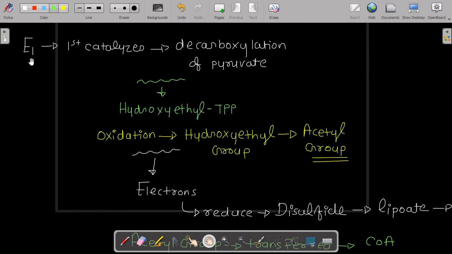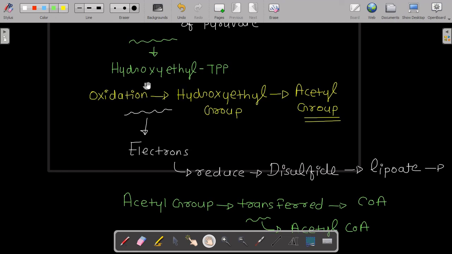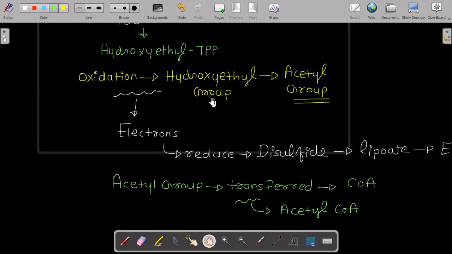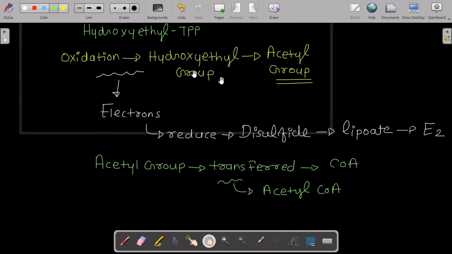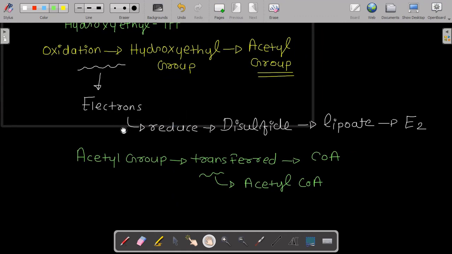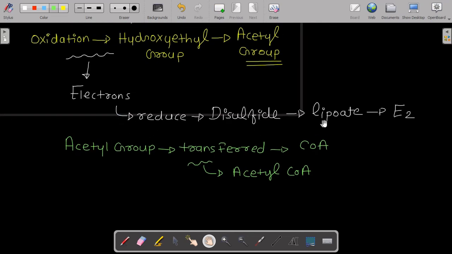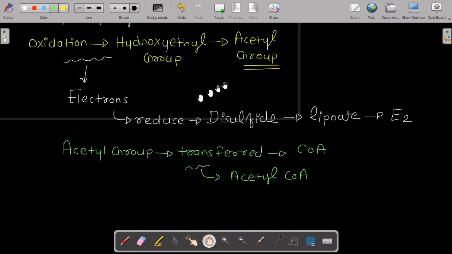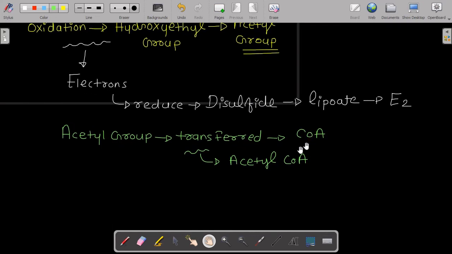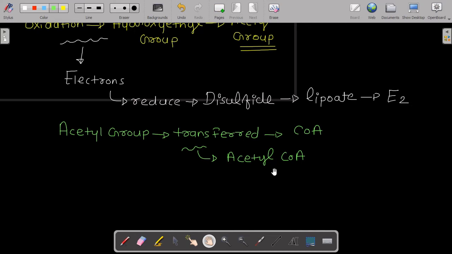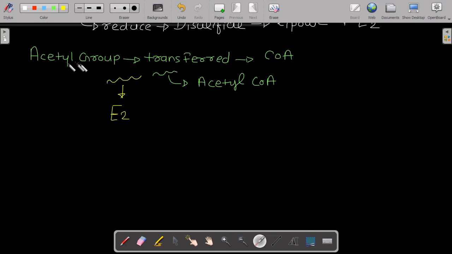Okay, so E1 catalyzes the decarboxylation of pyruvate. This results in the formation of hydroxyethyl TPP, and then the hydroxyethyl group of this hydroxyethyl TPP is oxidized and an acetyl group is produced, and in this oxidation the electrons which are produced reduce the disulfide of the lipoate bound to E2, and then this acetyl group is transferred to coenzyme A, and that produces acetyl coenzyme A. Now this transfer of the acetyl group to coenzyme A and the formation of acetyl coenzyme A is catalyzed by E2.